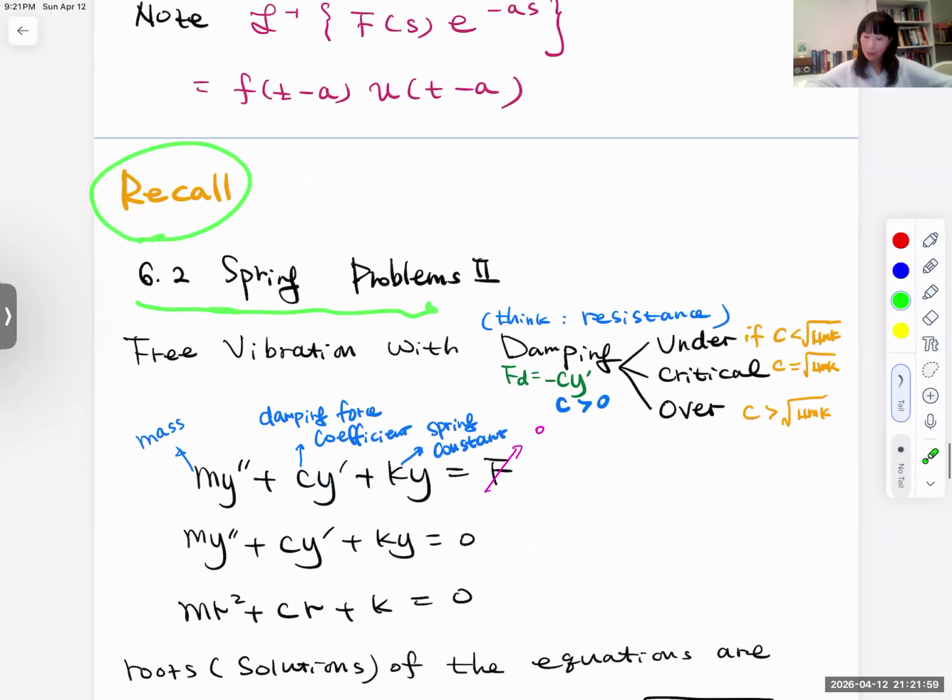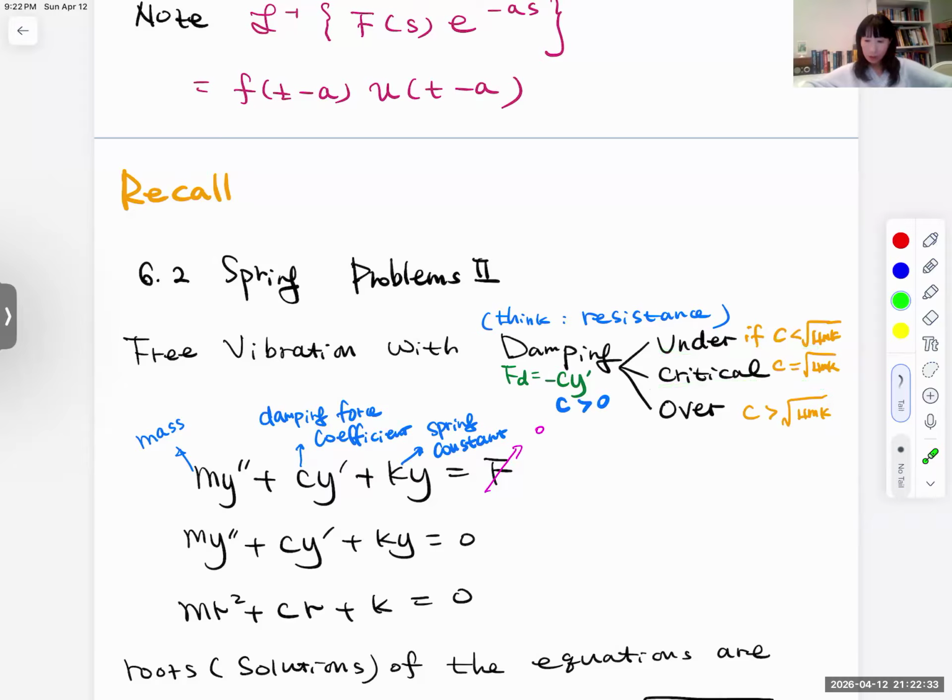We have a damping problem. Under, critical, over depends on c, the middle damping force coefficient. And c is compared with the square root of 4mk, with m and k from the first and third terms. So c is less than, the same as, or greater than, giving under, critical, over.